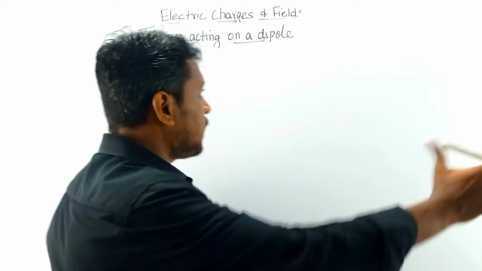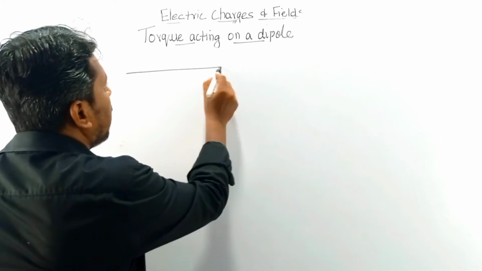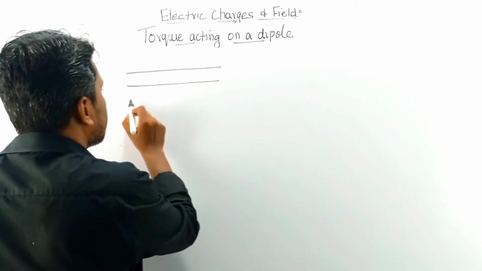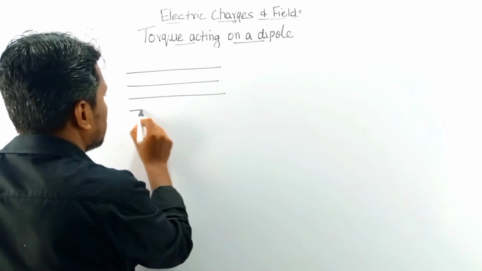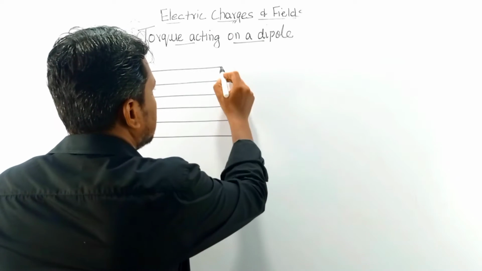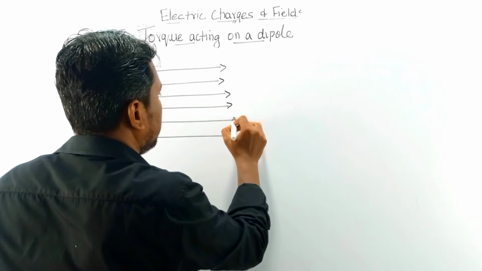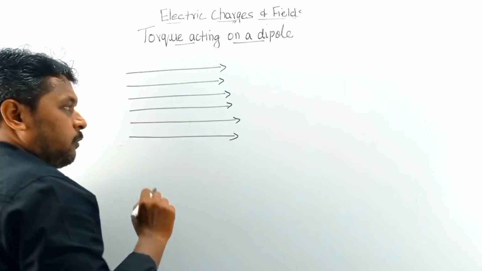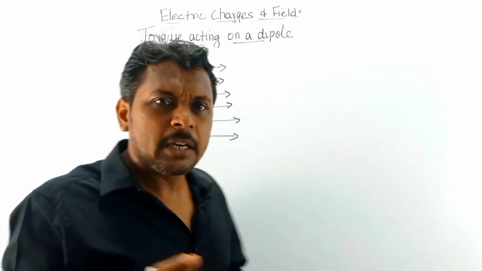So now let us consider a uniform electric field. See that this is the direction of the electric field. First of all, what is a uniform electric field?